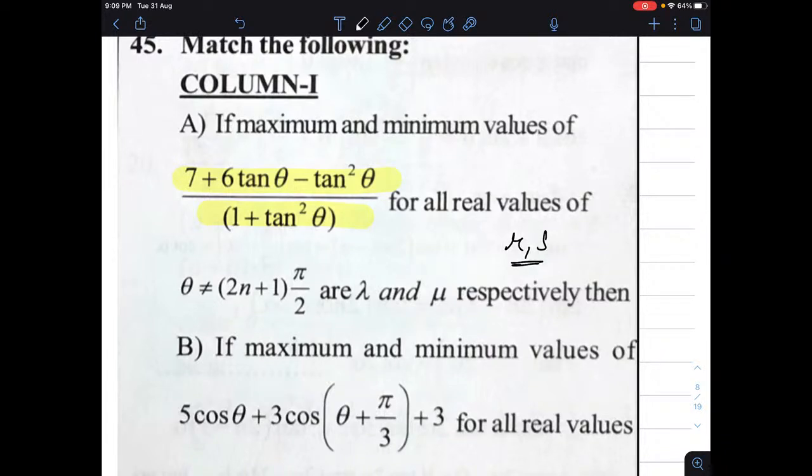Comment yes in chat box if it is clear to you. Quickly comment yes in chat box if it is clear to you. Great, Brijendra. What about remaining students?